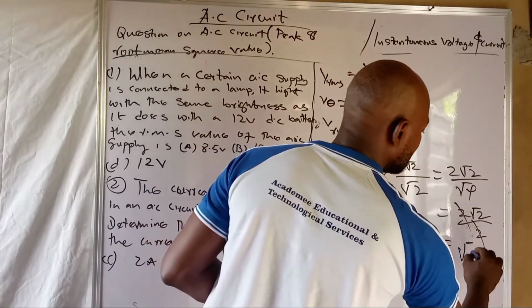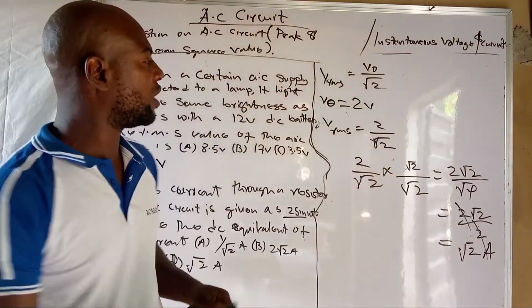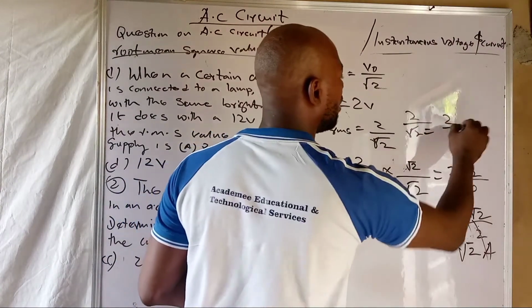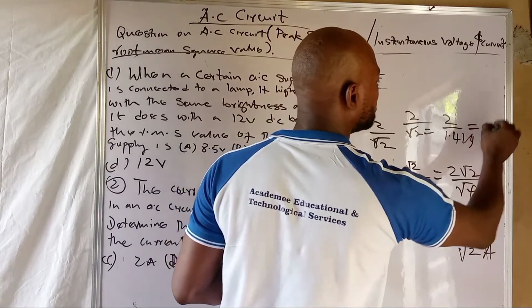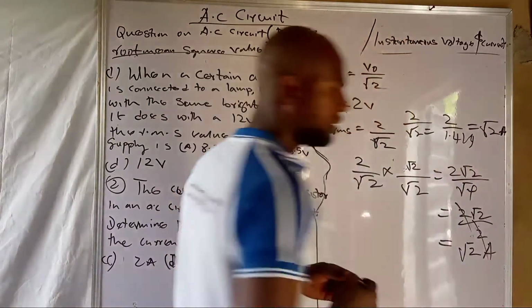Your answer is root 2 ampere. If you use a calculator, 2 divided by 1.414 will give you the same thing as root 2 ampere.